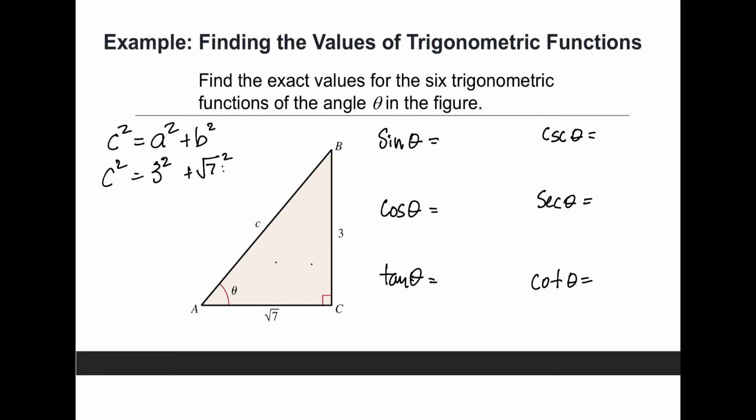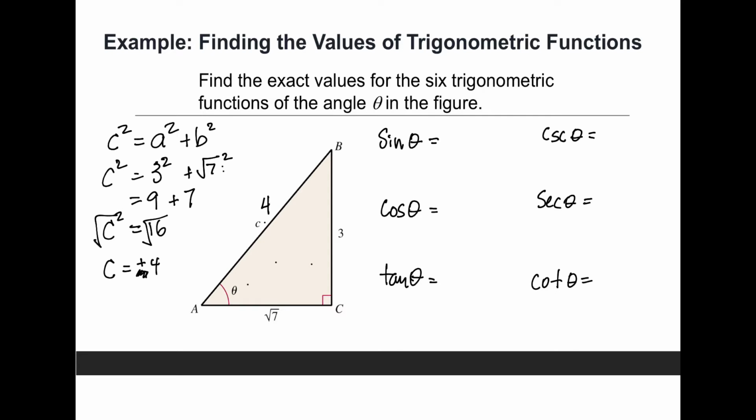And squaring those out, that gives me 9 plus 7, which is 16. So C squared is equal to 16. If I want to find C, then I would take the square root of that. Of course, that gives me positive and negative 4, but we can't have a side that has a negative measurement. So we see that C is equal to 4. So I'm going to go ahead and put that in there. We have that value.